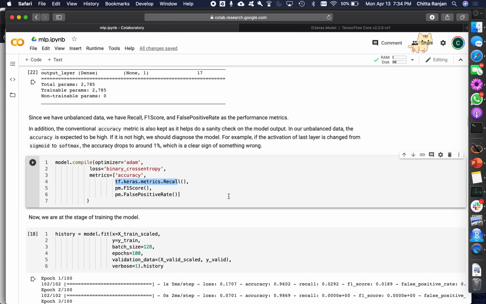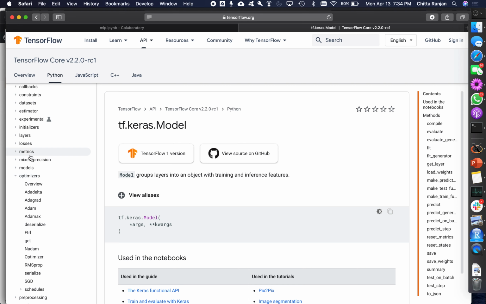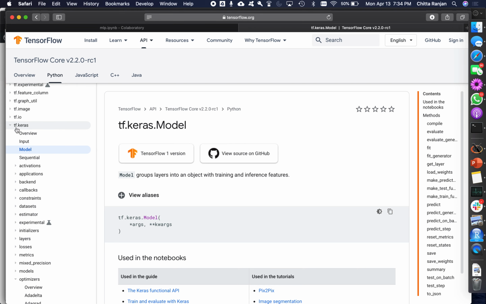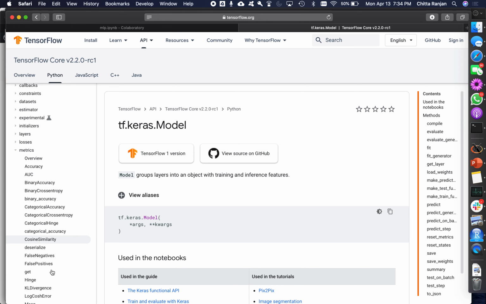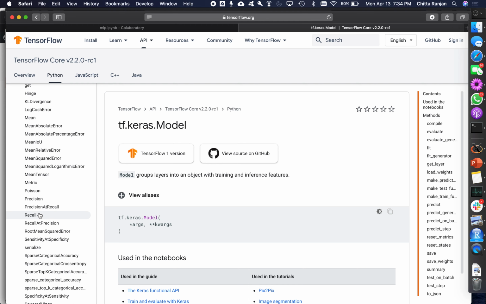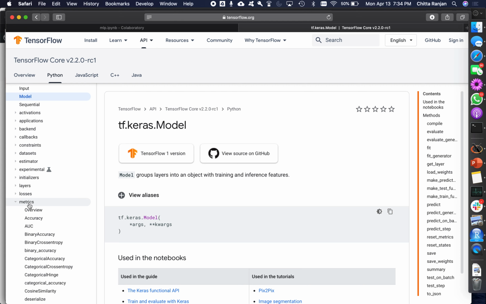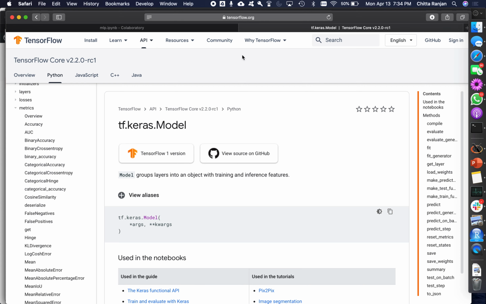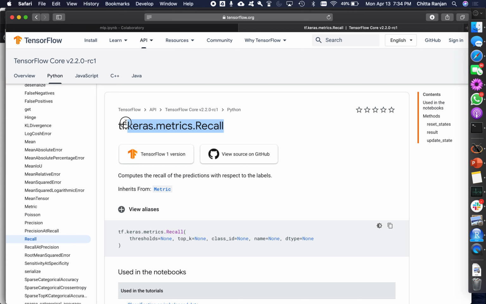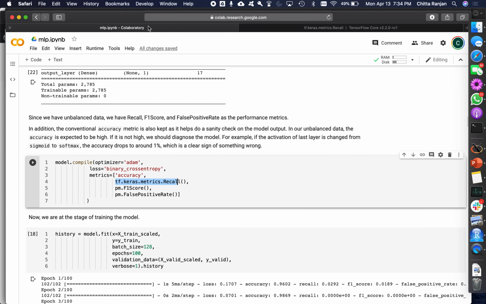And if you wonder how to determine what the path is, you go to the TensorFlow webpage and look at the path. So here I am going from tf.keras, into metrics, and inside metrics I have recall. So the path becomes this entire route, tf.keras.metrics.Recall. You can see it here, so this is a complete path. So you can just put it here.